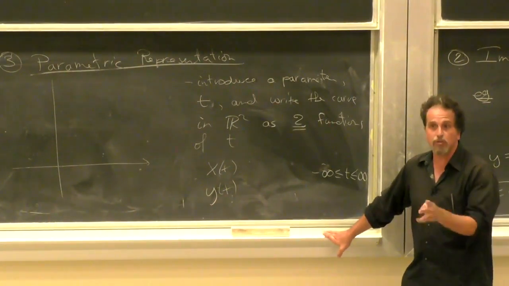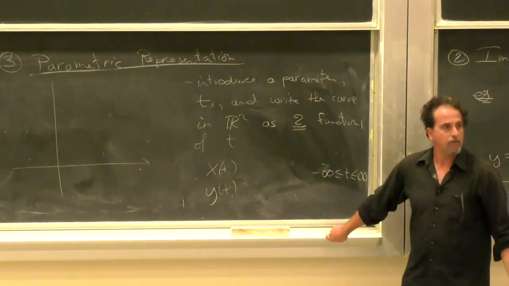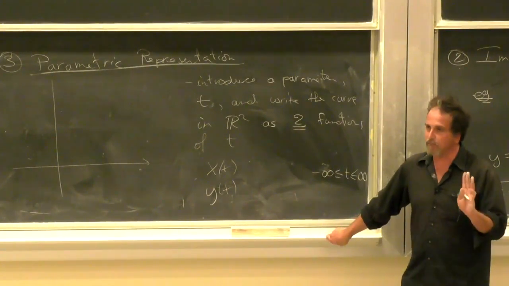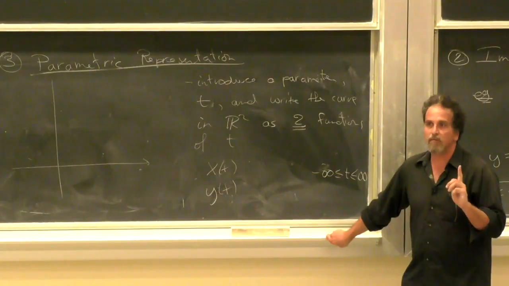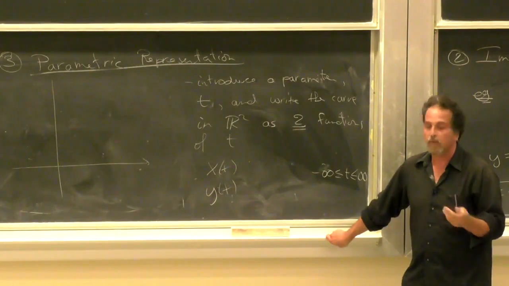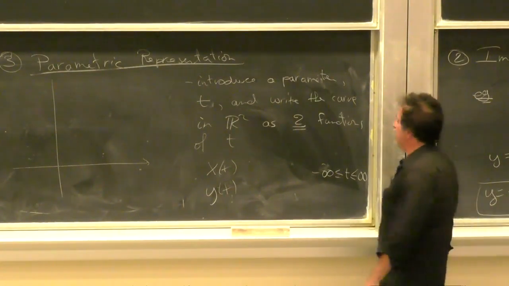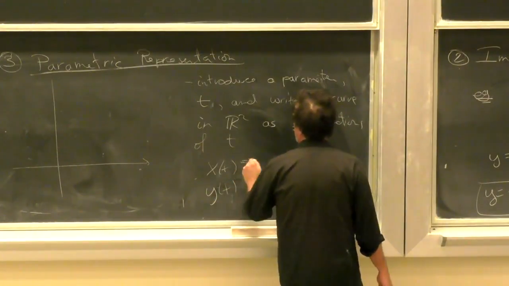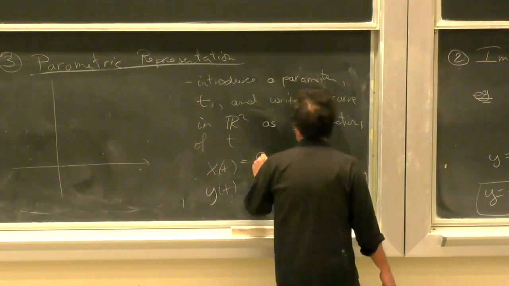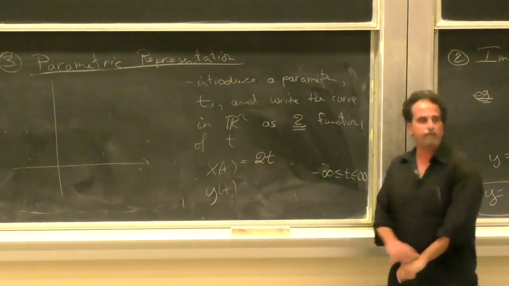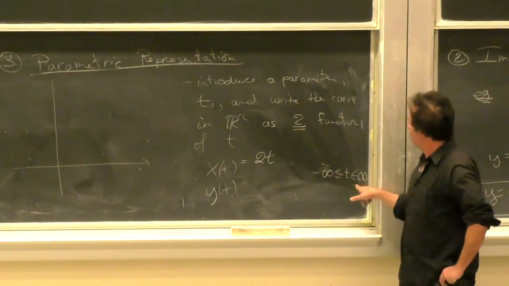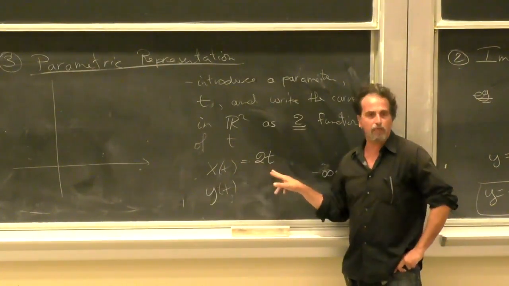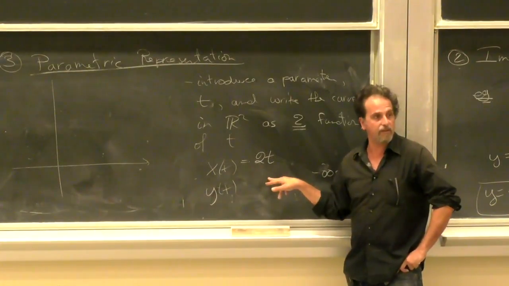You can actually choose the function of t because it's not unique. You have not complete freedom, and we'll talk about that in a second, but you have a lot of freedom. So let me choose a simple one. Let's say x is equal to 2t. Notice that if t goes from negative infinity to infinity, x goes from negative infinity to infinity.